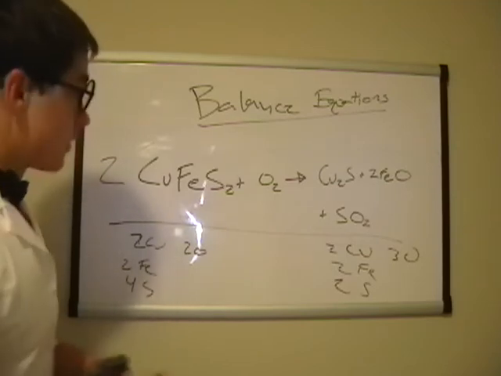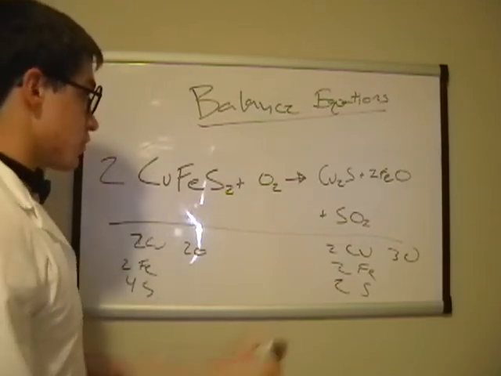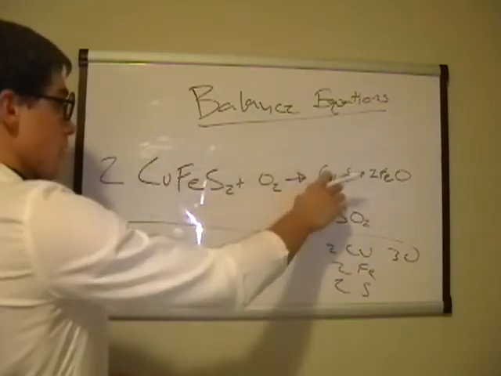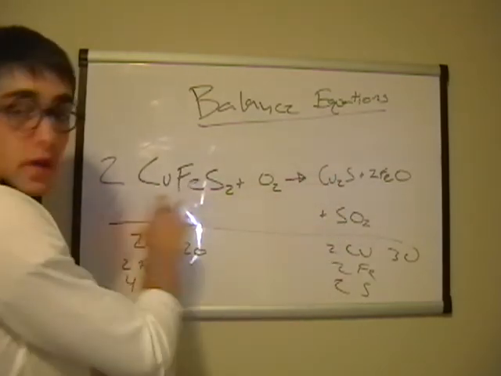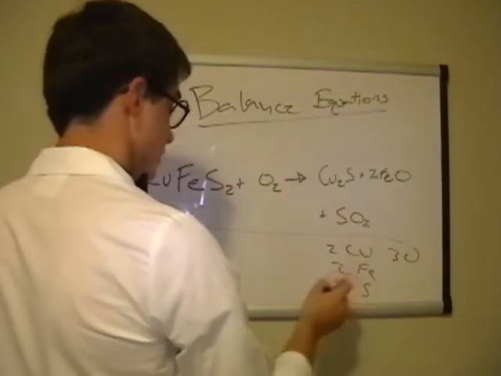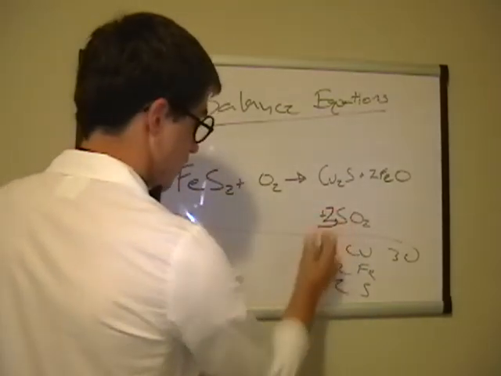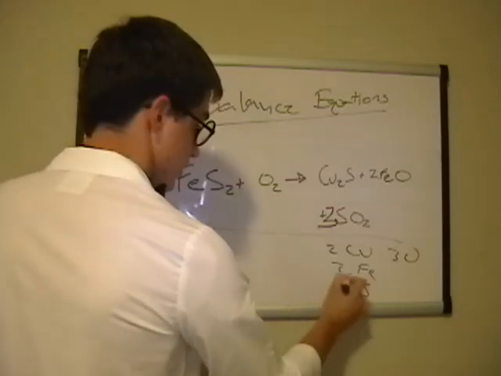So to start balancing the sulfurs and the oxygens, we're going to want to look at the copper 2 sulfur, alright? You have 2 coppers here, and we don't want to mess with the coppers again. So to balance the sulfur, we're going to put a 3 right here, which will give us 4 sulfurs.